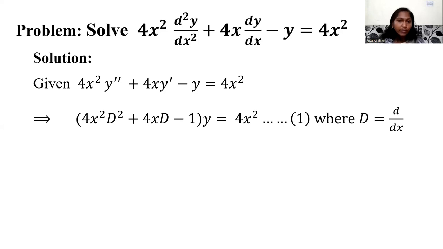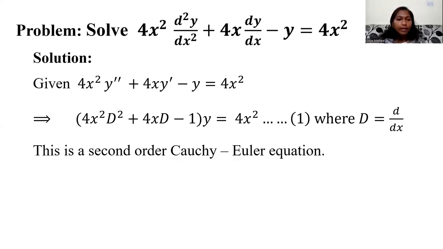In the given equation it is d squared y by dx squared; I have taken y double dash in the solution. These are all different notations of the differential operators and of first order and second order derivatives. So this is a second order Cauchy-Euler equation.